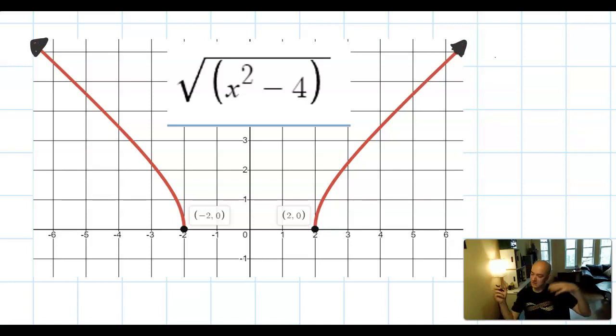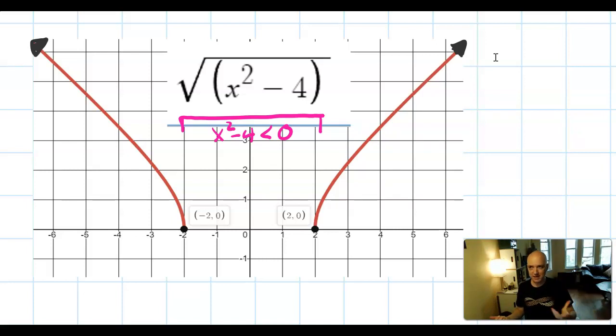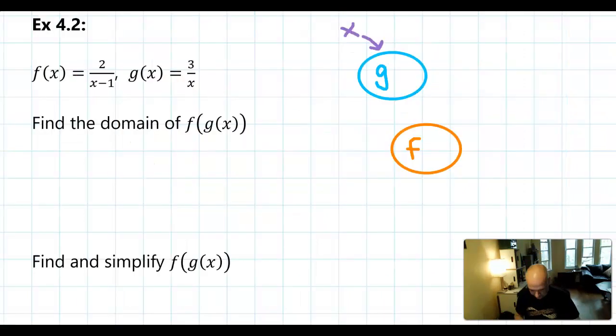And in between, there's just absolutely nothing, because this area where there's nothing from -2 to 2 is the place where x squared minus 4, just the inside part, was less than 0. And so you couldn't take the square root of it. But that's an example of how computing the domain of a composition before trying to graph the composition can help you understand what's going on better in the function itself.